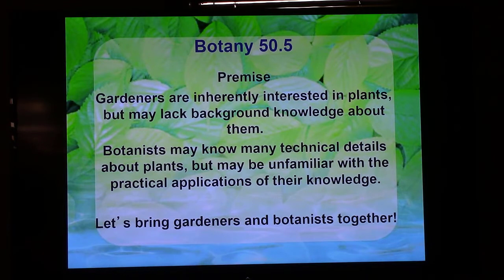And on the other hand, I've met people who all they've done is grow a garden for 50 years. They know everything there is to know about growing a vegetable garden. Can they explain it on a scientific level? No. But they've got all the practical knowledge you could ever want. You can learn something from both of those people.